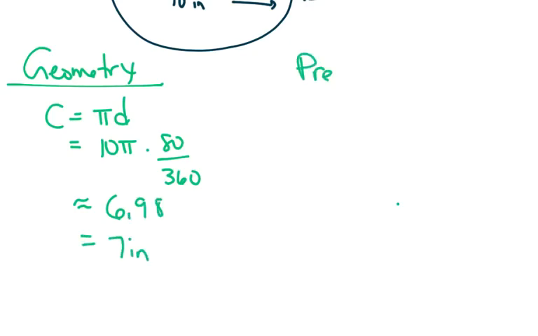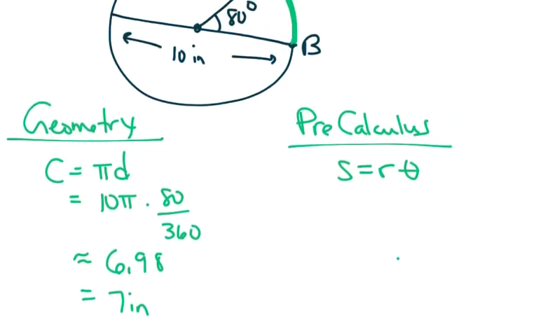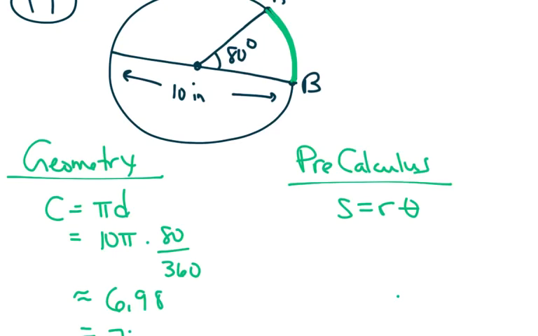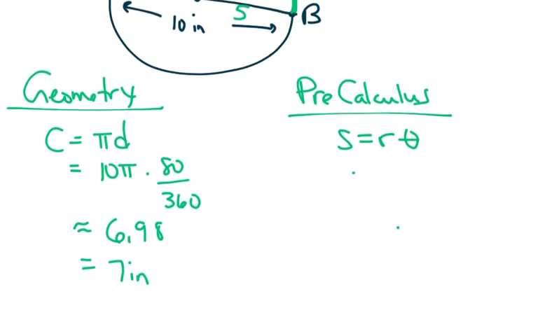The pre-calculus method, we have a formula, S equals r theta. S is the arc length, r is the radius, and theta is the central angle in radians. Now, the radius wasn't given, they gave me the diameter, but very quickly we can find out the radius is 5.